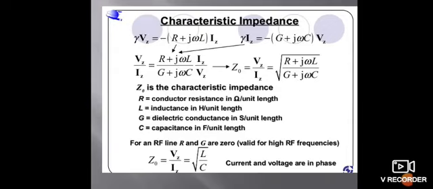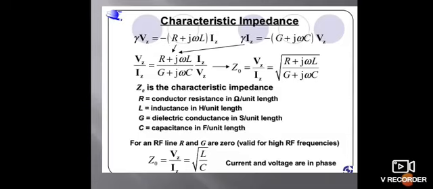Gamma Vz equals minus of R plus j omega L into Iz, and gamma Iz equals minus of G plus j omega C into Vz. From these equations, we have the formula Z naught equals V by I. That means from V we can reach the conclusion for Z naught also.